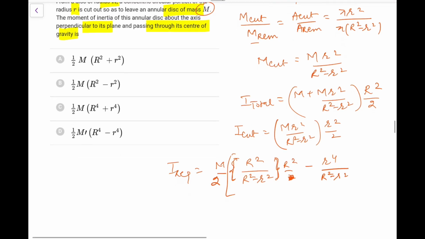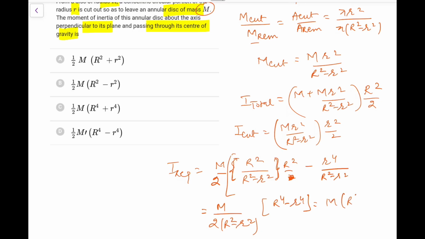So we have M by 2, and I take R square minus r square also as common. It becomes R to the power 4 minus r to the power 4, which is R square plus r square into R square minus r square, that will cancel out, and it becomes M times R square plus r square by 2. Generally people advise to remember this result directly. I have not used a direct result, I have derived it for you, but in many institutes it is directly being taught, I think.